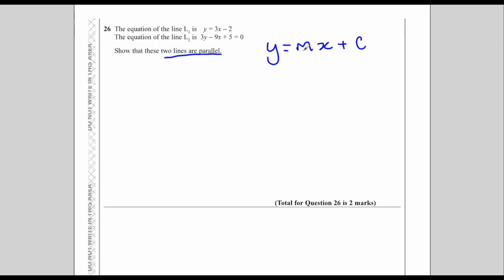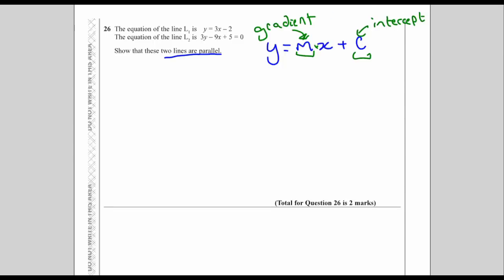So it's y equals some number times by x, add another number. This is called our gradient, which tells you how steep the line is. And this is called our intercept, or y-intercept, where it crosses the axis.